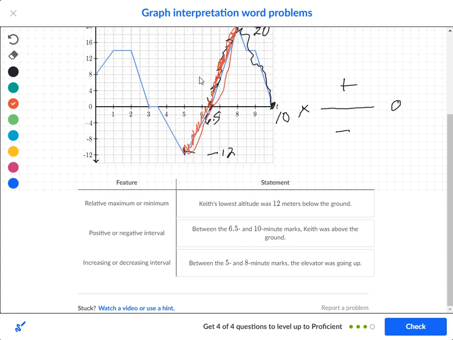So the whole thing is going in an upward motion. Now with the increase or decrease interval, you are allowed to go from negatives to positive. You're allowed to mix those together. It's just the positive and negative intervals where you cannot do that. It's either the whole thing is positive or the whole thing is negative. So I believe the way those panels sit, that one should be correct. So this should be our correct answer.